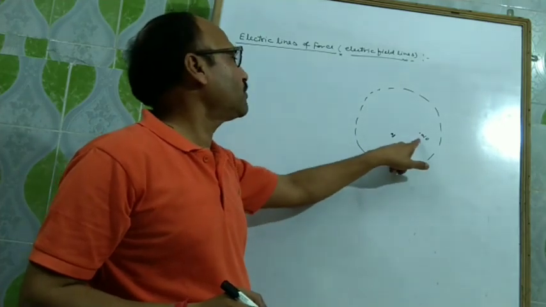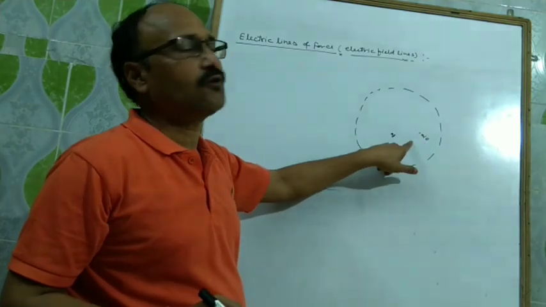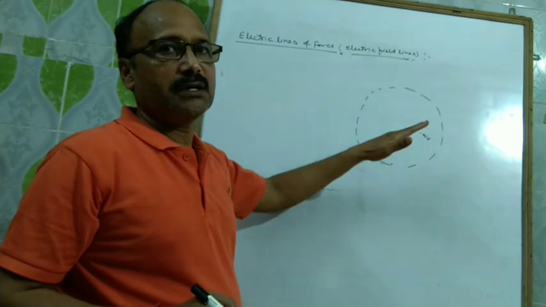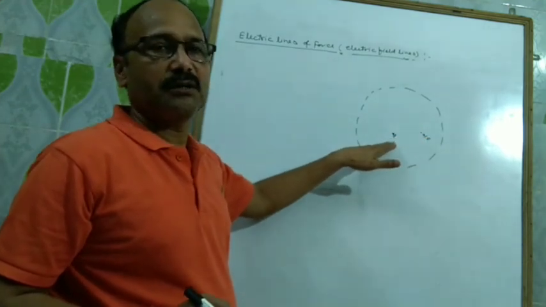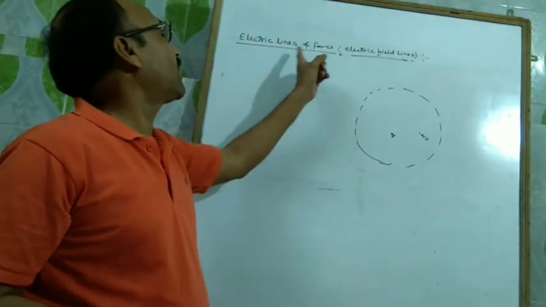If this force is sufficient, then this Q naught will start to move. It means there will be a path of this motion. So this type of path is known as electric line of force.